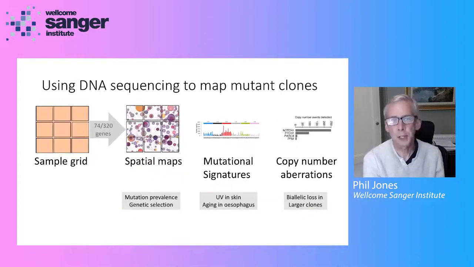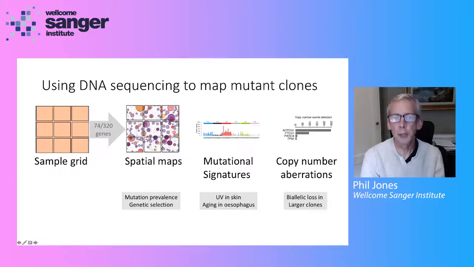And how we used this in the esophagus was we collected grids of small pieces, each about 2 millimeters squared, of the epithelium. And then we sequenced very deeply for 74 or 300 genes. And these genes were the usual suspects that we find in cancers.